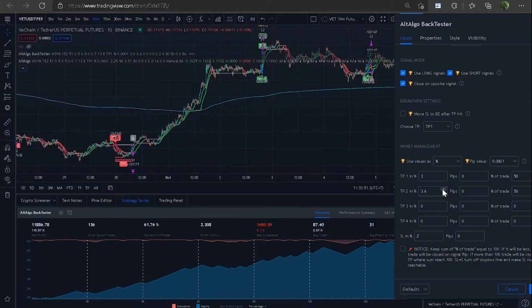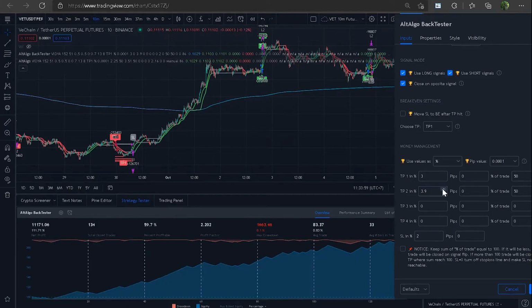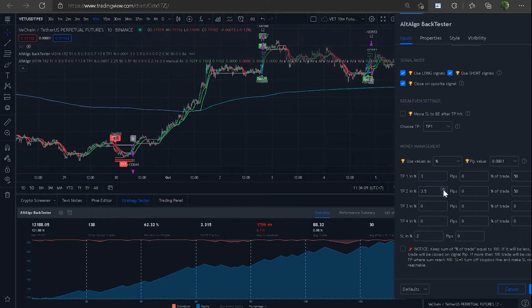It goes down, it goes down, it goes down, keeps going down more or less. That means that actually very few take profits are hit in all these trades. So the sweet spot was around 3.6, I think. No, 3.4 is the sweet spot.